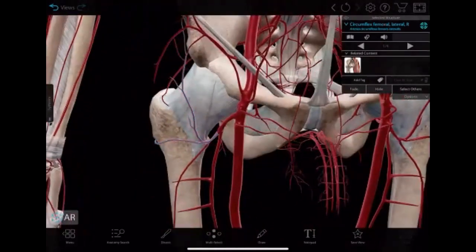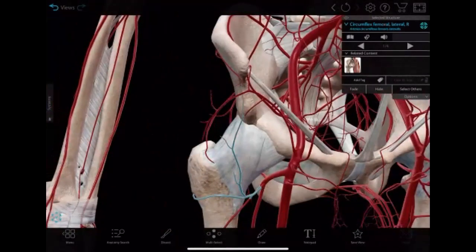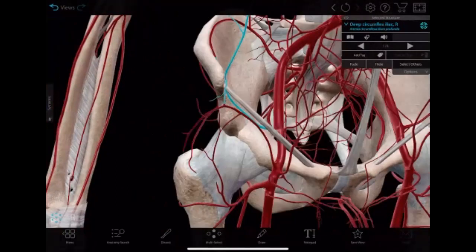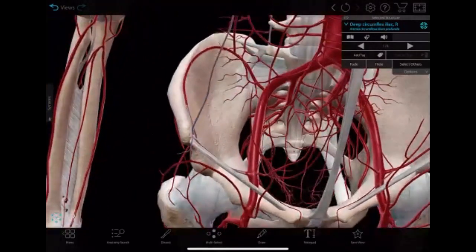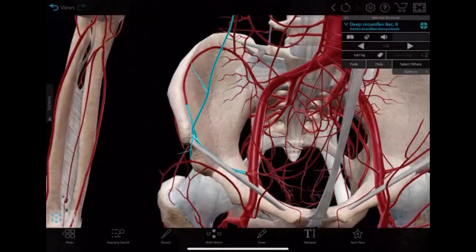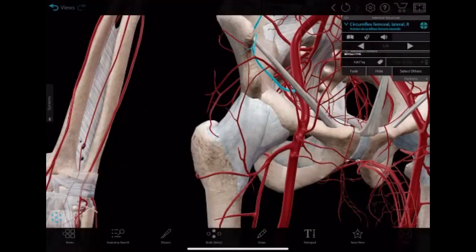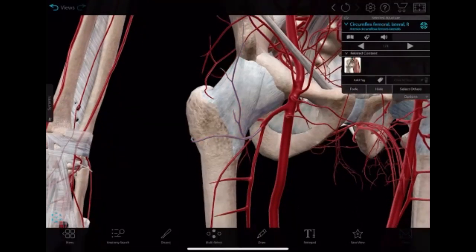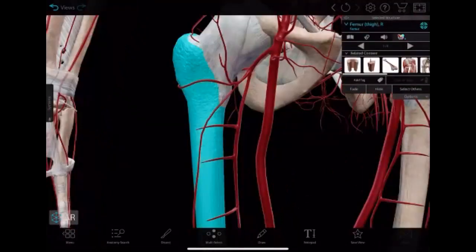This is the ascending branch. You see, the ascending branch goes on, anastomosing with the deep circumflex iliac artery, which comes directly from the external iliac artery. So the ascending branch anastomoses with the deep circumflex iliac. This is the transverse branch.